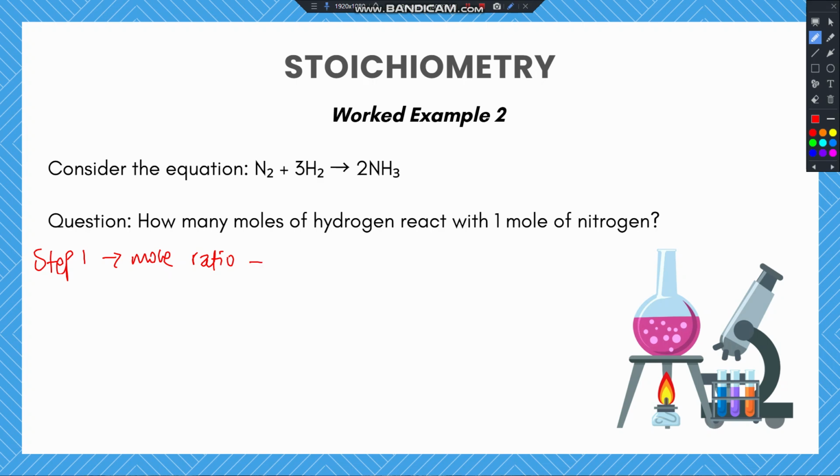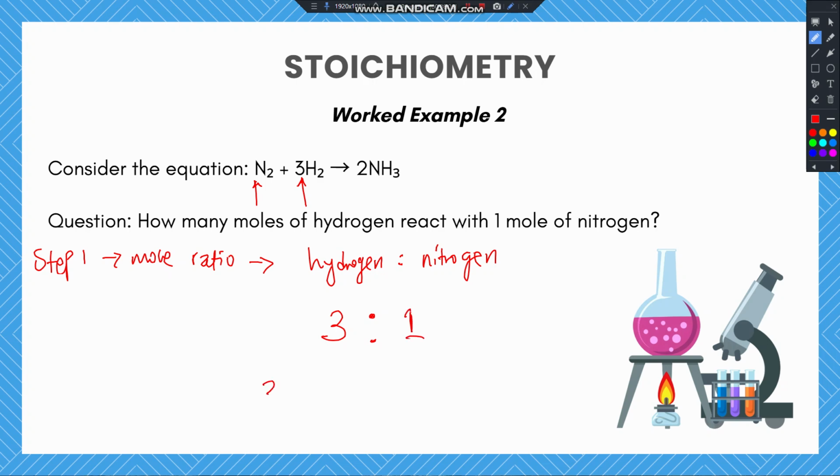What is the mole ratio? We have hydrogen and we also have nitrogen. So from the chemical equation, how many moles of hydrogen react? We have 3. And then how many moles of nitrogen react? We have just 1.